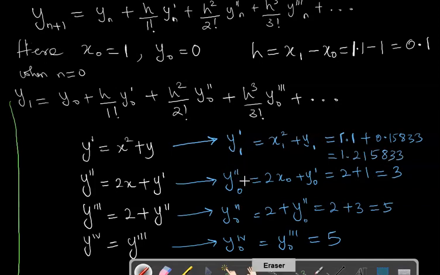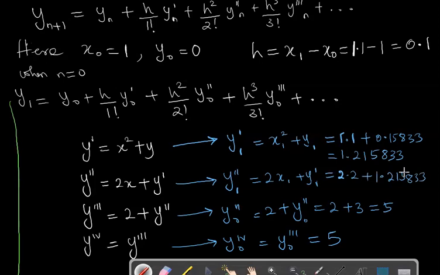The second derivative also changes. So the value here will also change. This is going to be 2 times 1.1, that will be 2.2, plus the last value we got, which is 1.215833.